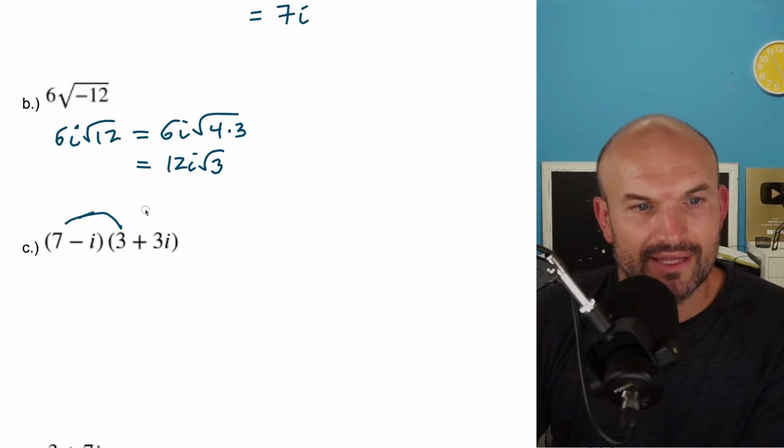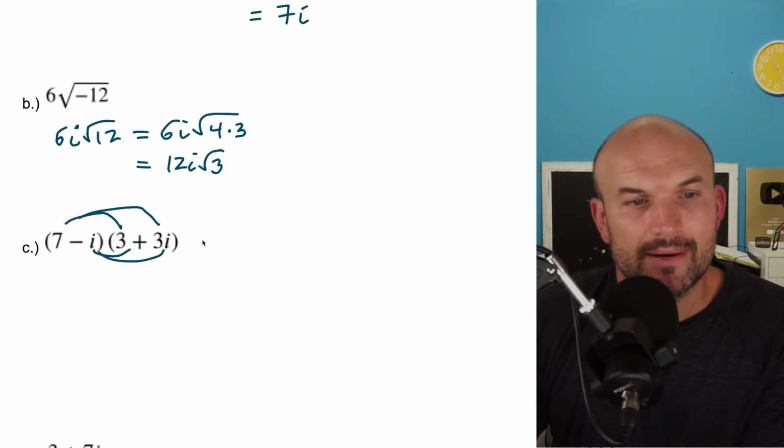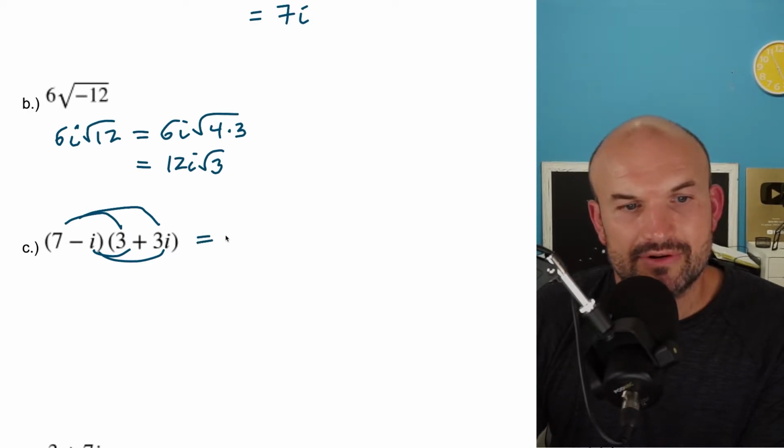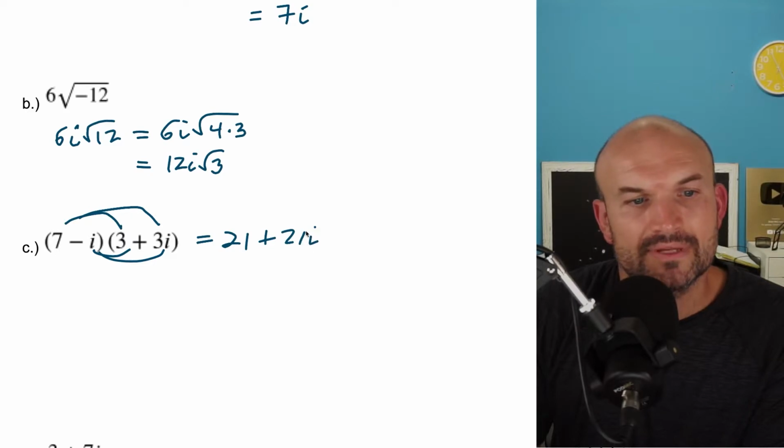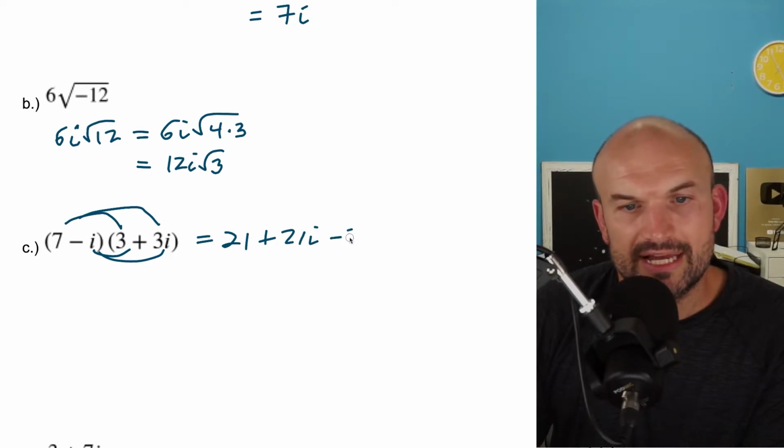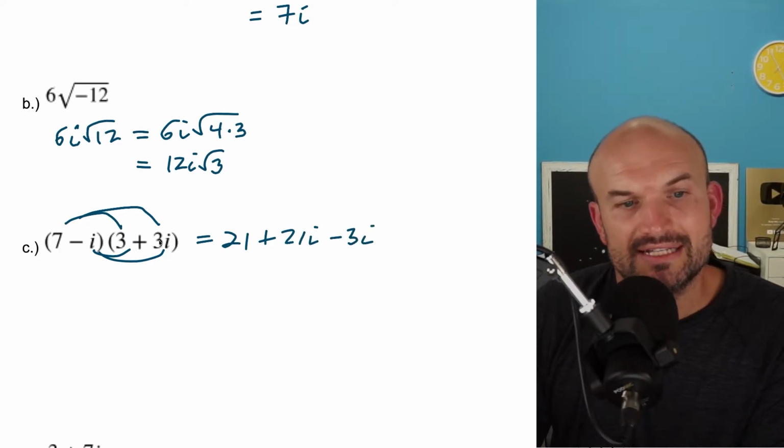Because when I go ahead and multiply this, when I apply my distributive property, what I'm going to get is 7 times 3, which is 21, 7 times 3i, which is 21i, a 3 times -i, which is -3i, and a -i times a positive 3i is going to be -3i squared. Now i squared is -1, so let's combine our like terms.